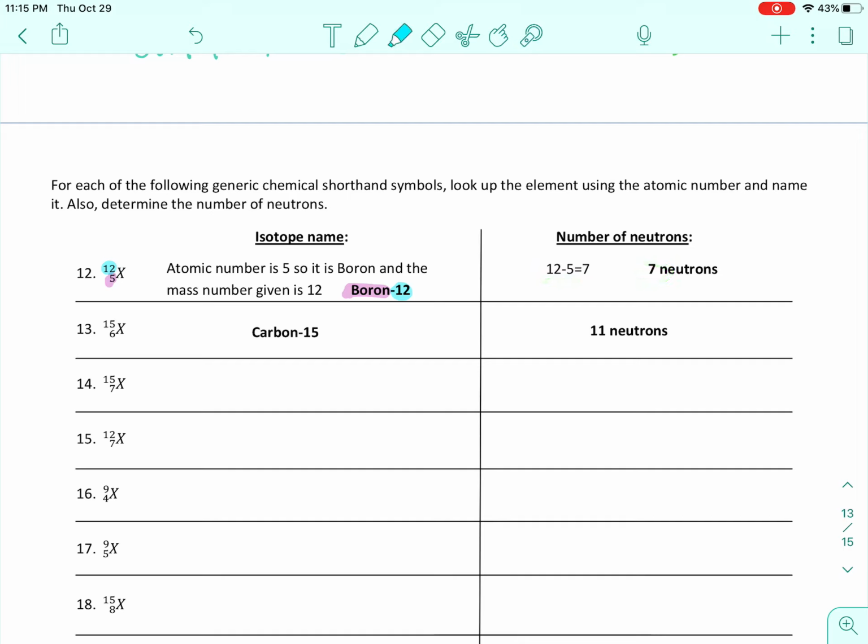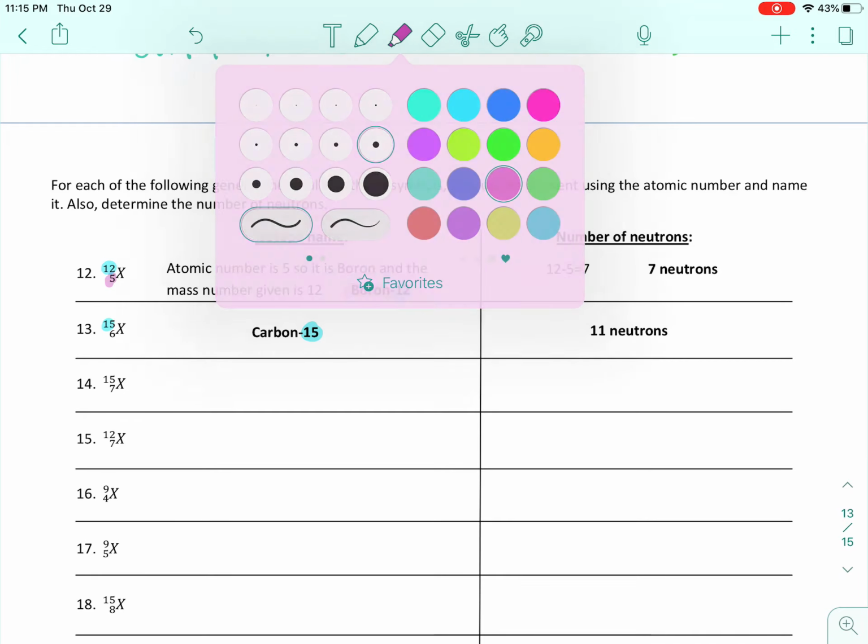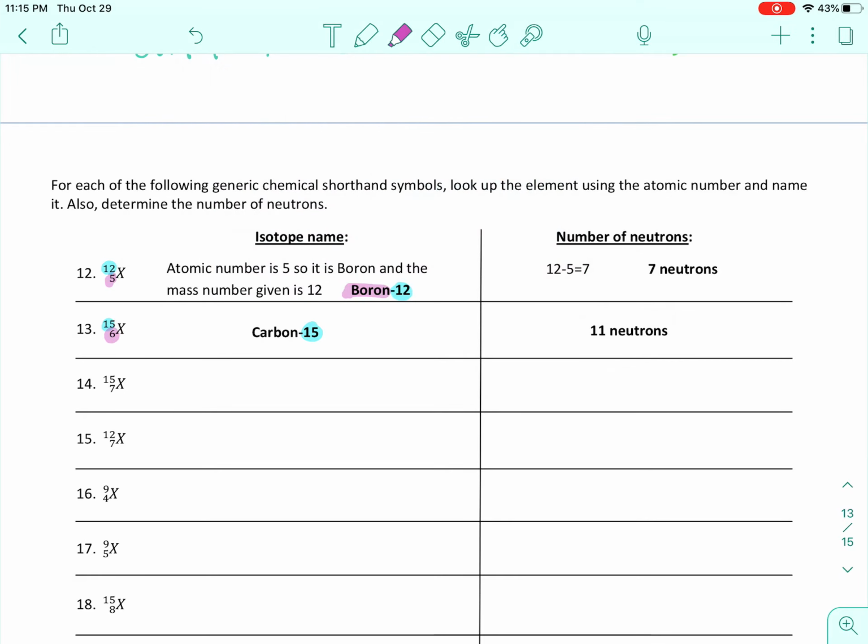All right, so on the next one, the mass is 15. So that's where that number is coming from. The atomic number is 6. So when you look up 6 on the periodic table, you'll find that it's carbon. So this is carbon 15. And I did have a little mistake here when I made this. 15 minus 6 is not 11.